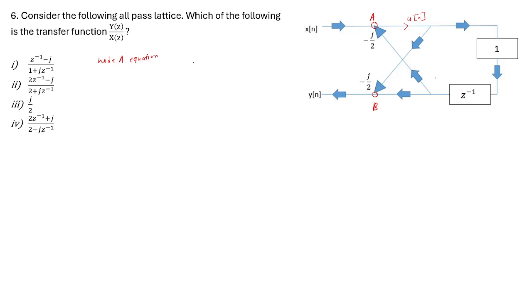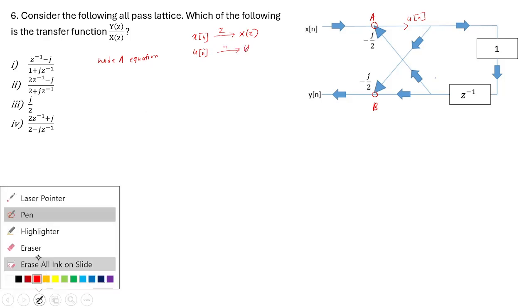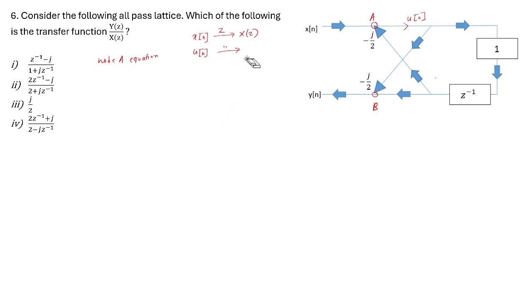So let me write down the z-transforms: x[n] to be X(z), u[n] to be U(z), and y[n] to be Y(z). Y(z) was already given in the question, still for satisfaction I've written that.